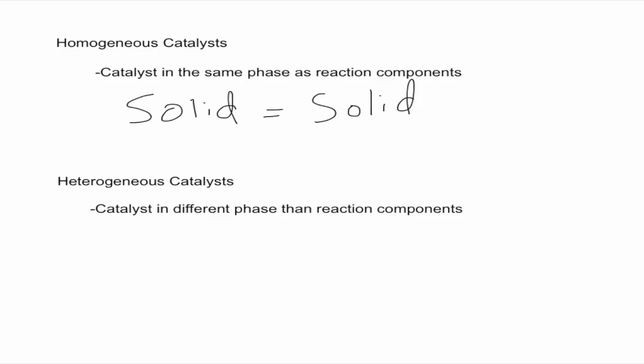Now for heterogeneous catalysts, the catalyst is going to be in a different phase than the reaction components. So in this case, if you had a solid, the catalyst could be a liquid or a gas. So it usually goes like carbon is the solid, and your catalyst is going to be, say, hydrogen, which is a gas.